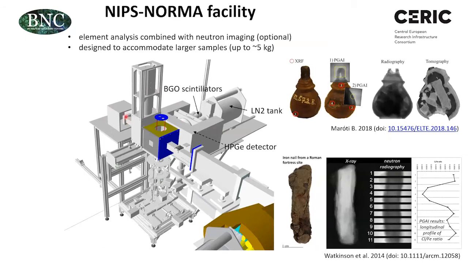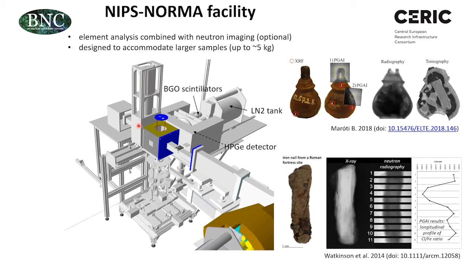And just to highlight the operation of the NIPS station, here is this sample stage which can translate in X, Y, and Z, and also it can rotate. This can be used to manipulate the sample. Here is the gamma detector assembly, and this is the neutron imaging camera.